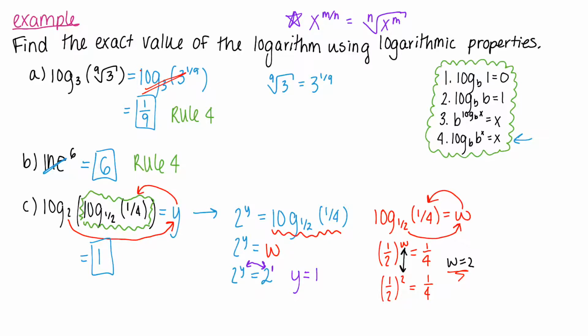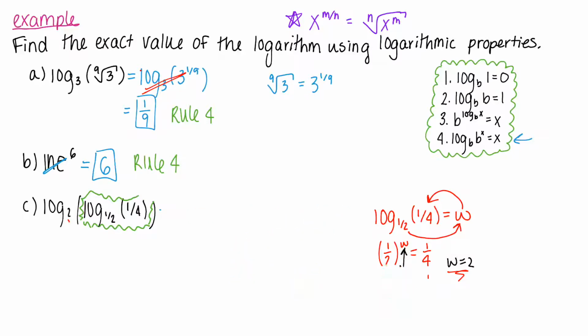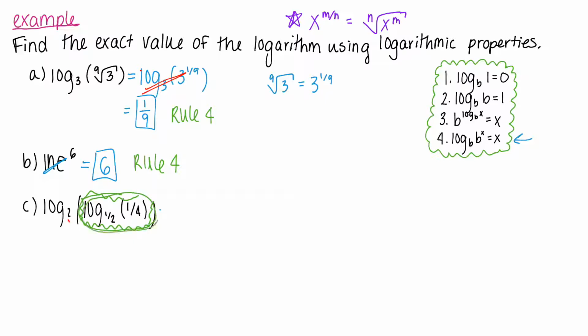If we want to talk about a slightly different way of solving this problem, I'll just try to erase as beautifully as I can. So remember, where's my pointer? Let's see, here we go. Remember that this thing right here, when we found w, this was equal to 2.